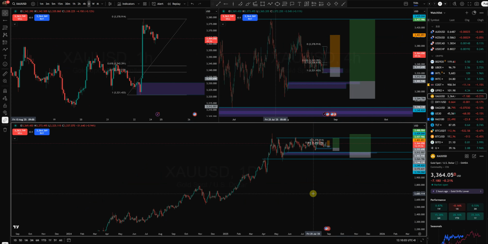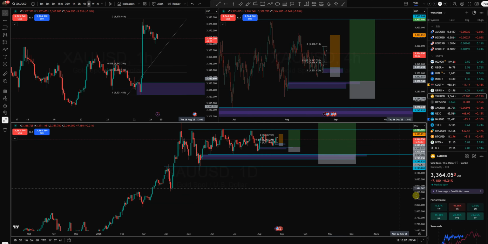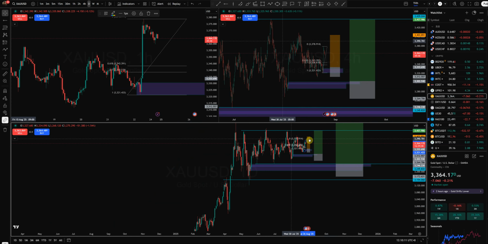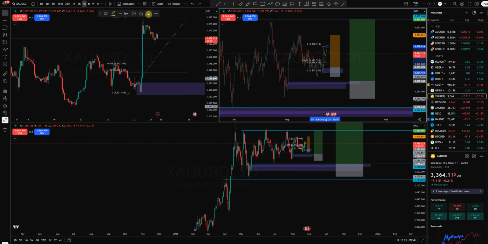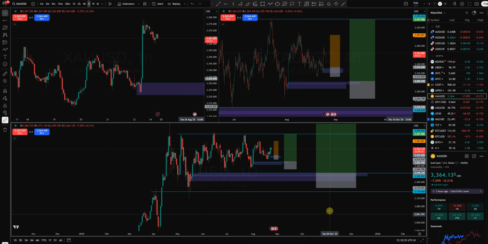You guys are very lucky today because I also put down my entry here. There are some color differences here, the green one and the yellow one. The green one means the entry order already exists.